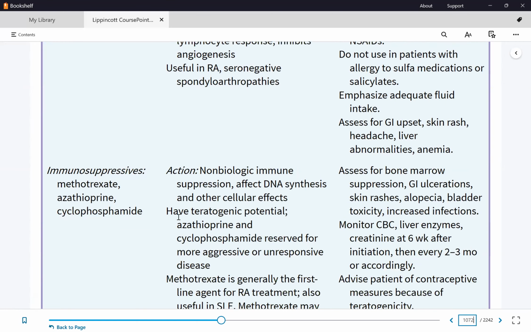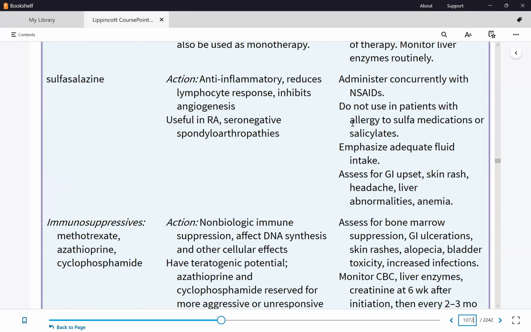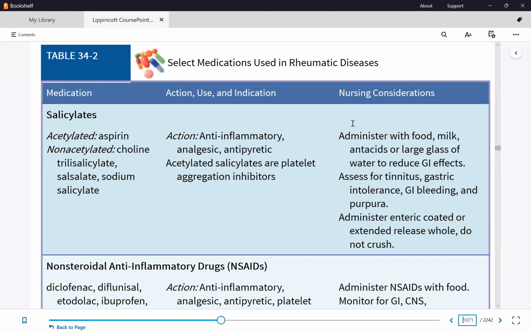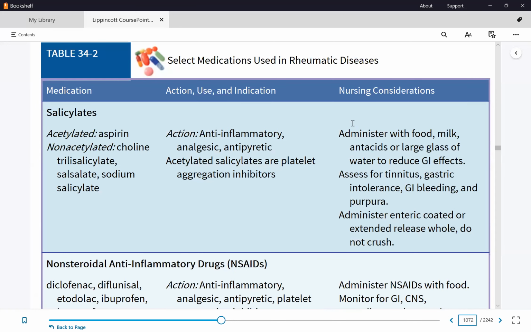So which ones are testable on this table? I'm testing all of them. So which part is testable? The nursing consideration. It's up to you. None. Okay, so the nursing considerations, the third column is your nursing consideration. For all these I got a medications question.